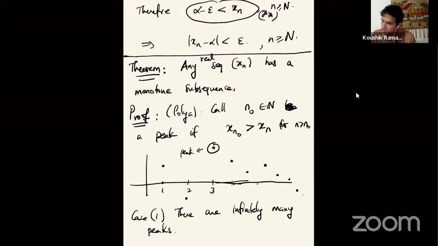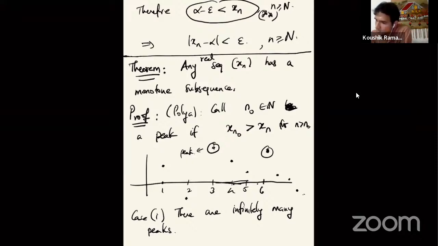Maybe this is 4, 5, and 6. 4 is not a peak because x6 is bigger than x4. But if you see the picture, assume it goes like this, so 6 is also a peak. Suppose like this, there are infinitely many peaks.